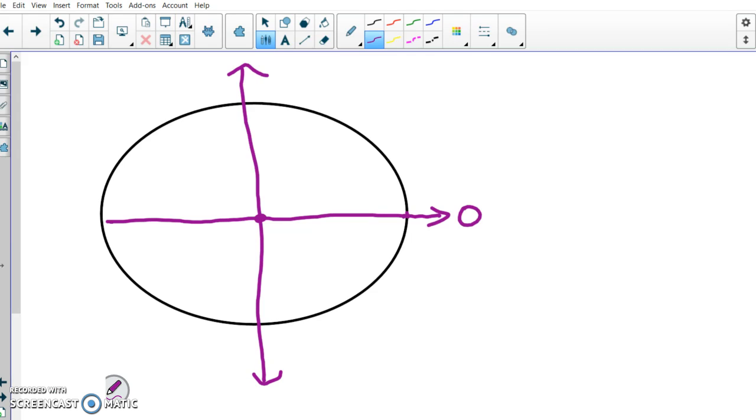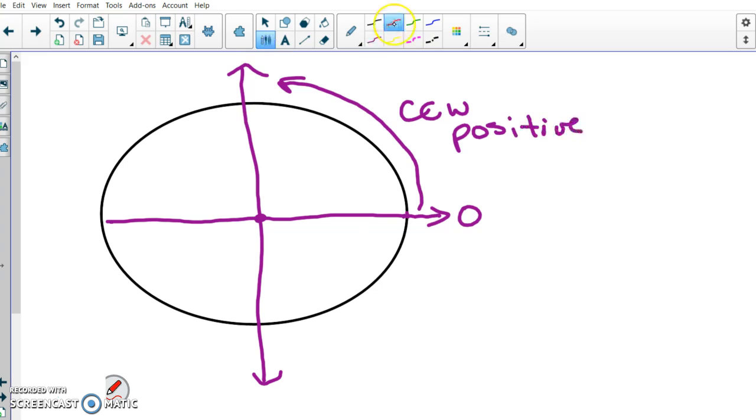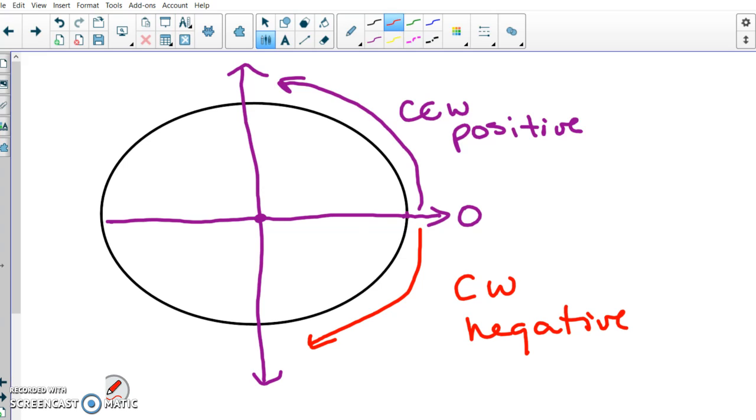Now when we take that terminal side of that angle and start to travel about the circle in the counterclockwise direction, this gives us a positive angle. And contrastly, if we move in the clockwise direction, we end up with a negative angle. That concept comes in handy as we're finding coterminal angles later on.